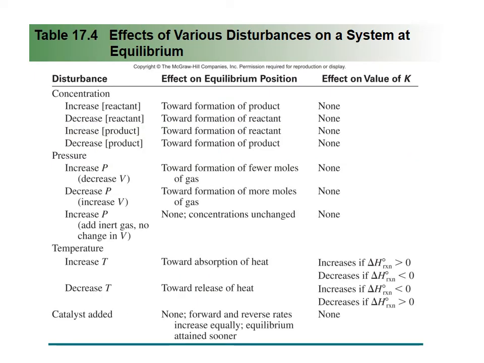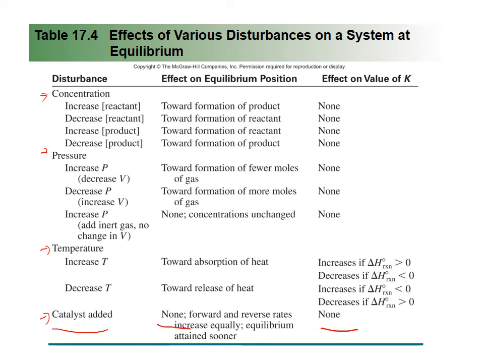Here is a summary of the effects of various disturbances on a system at equilibrium. These disturbances include concentration change, pressure change, temperature change, or catalyst added. As we just showed, catalysts change both forward and reverse reaction rates, but have no effect on the equilibrium constant, and no effect on equilibrium position.